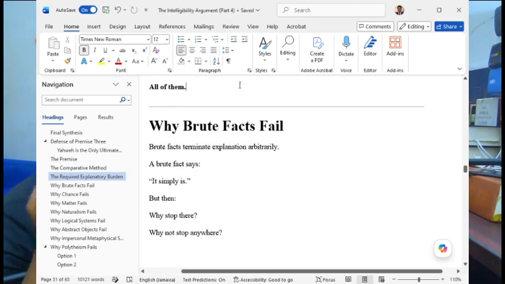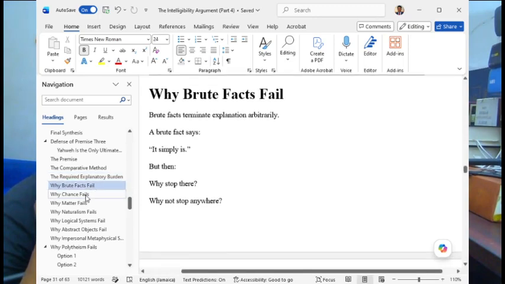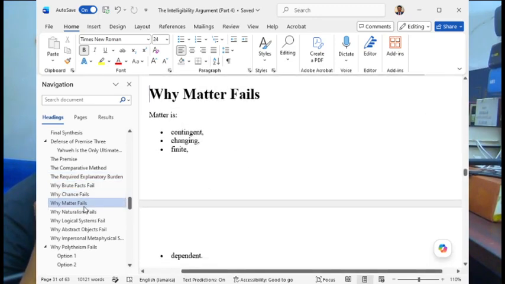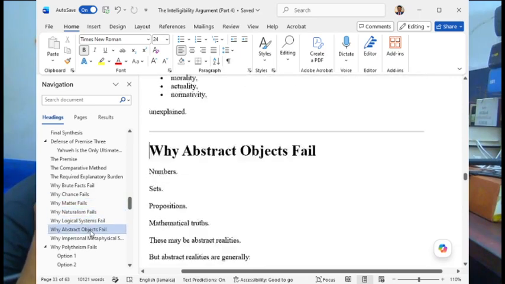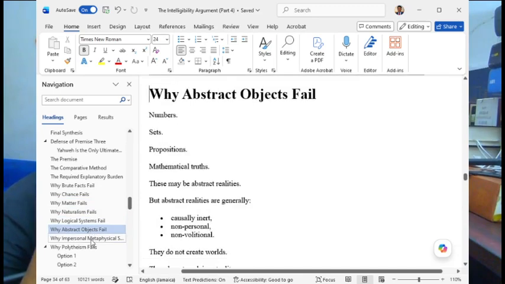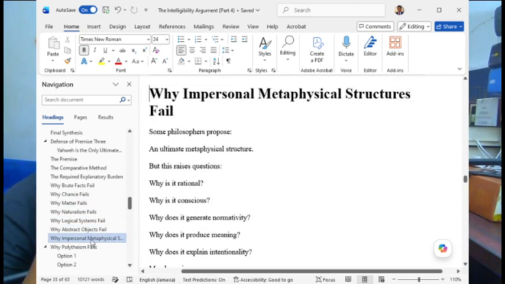Now, why brute facts fail? And I'm not going to get into this right now as to why brute facts fail, why chance fails, why matter fails, why naturalism fails, why logical systems fail, why abstract objects fail, or why impersonal metaphysical systems or structures fail.